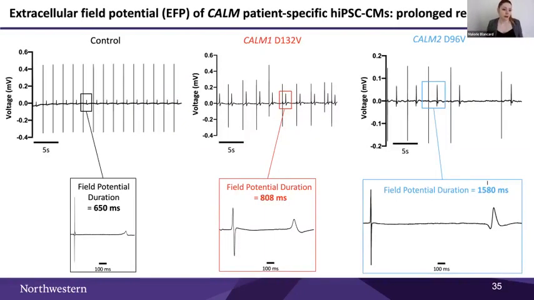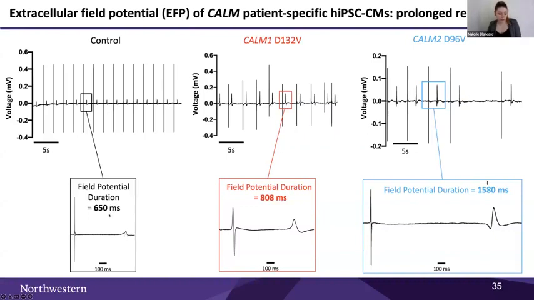So then for the electrical field potential, for the controls, you can see, as I was saying, the QRS waves that you would see on the EKG. So this is the depolarization of the cell. And then we have the T wave, the repolarization.